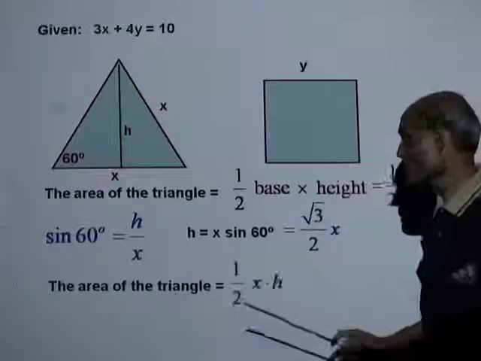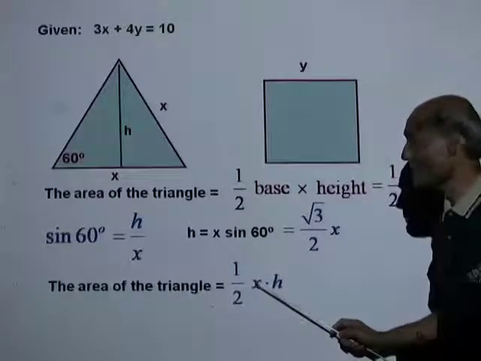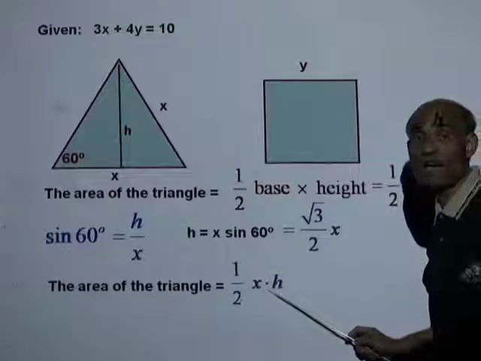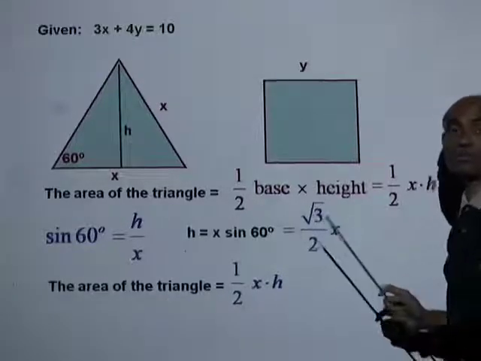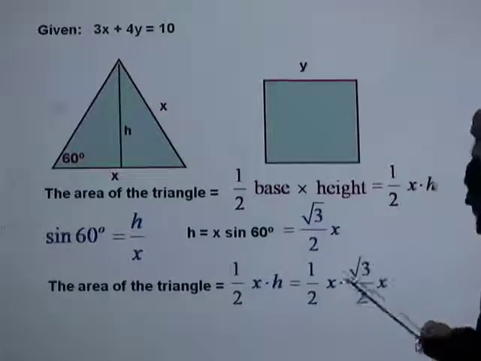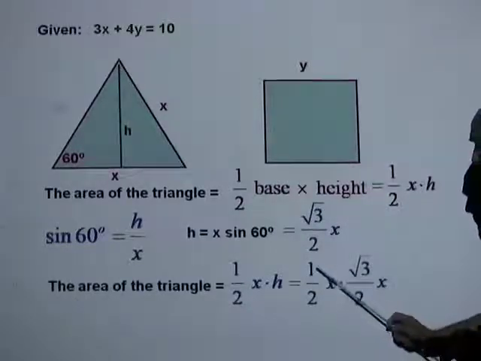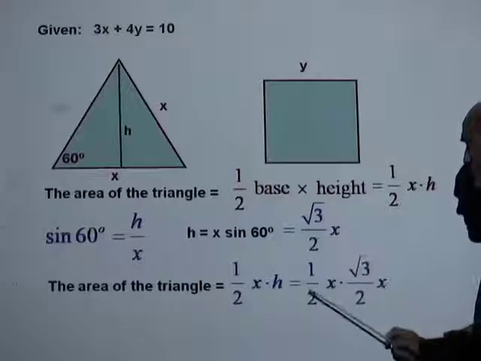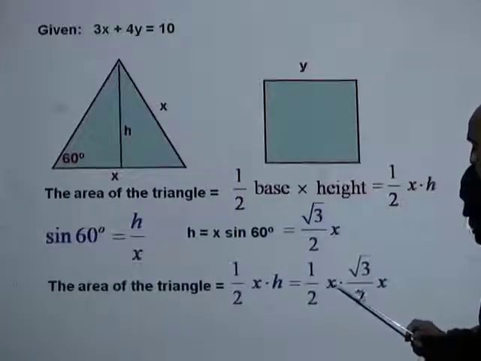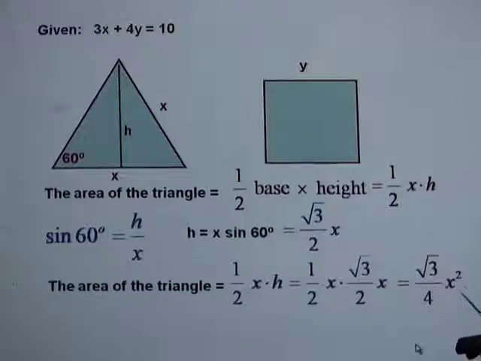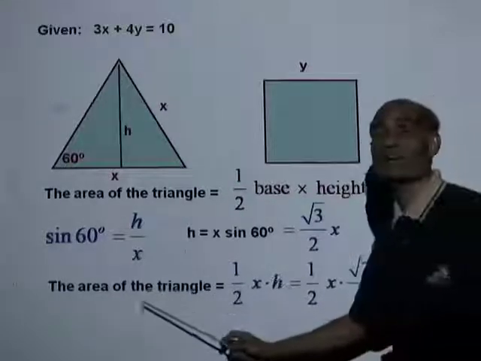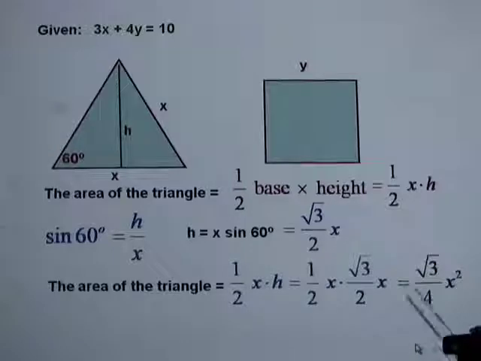So the area of the triangle is 1/2 x times h, and h is now replaced by square root 3 over 2 x. Simplify that, and it will be square root 3 divided by 4 times x squared. And this is the expression for the area of the triangle. Square root 3 over 4 x squared.